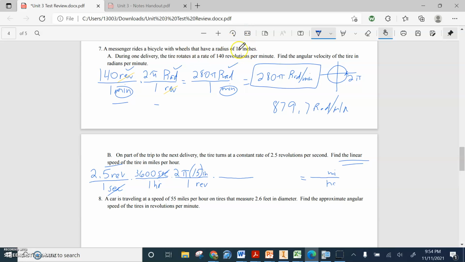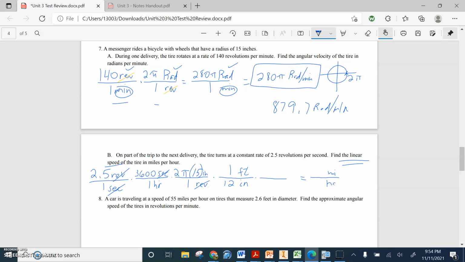That's where that number comes in handy from here. It says the wheel has a radius of 15 inches. So now we have inches. Revolutions are canceling. We have inches per hour. We need miles per hour. We're getting there, you guys. We need to get rid of inches units. So the best, most obvious, because I don't know how many inches are in a mile, but I know that there are 12 inches in a foot.